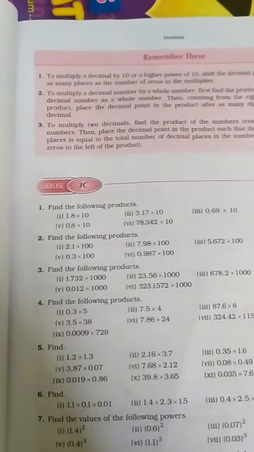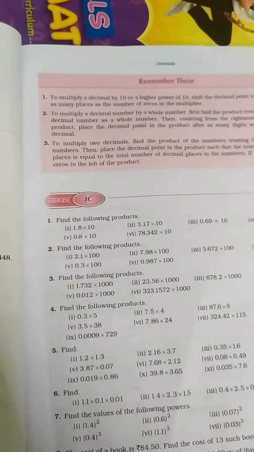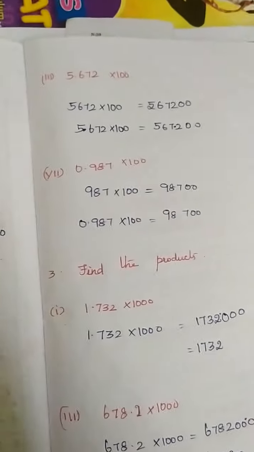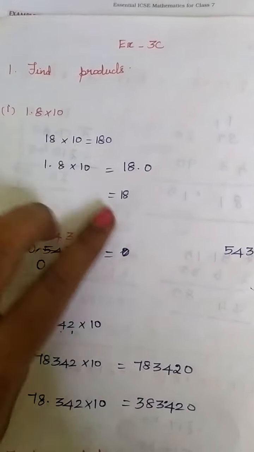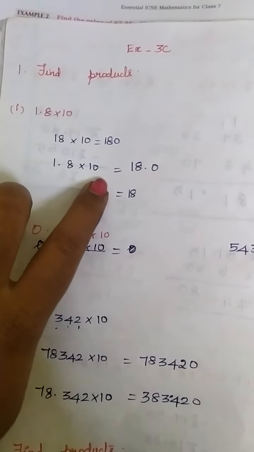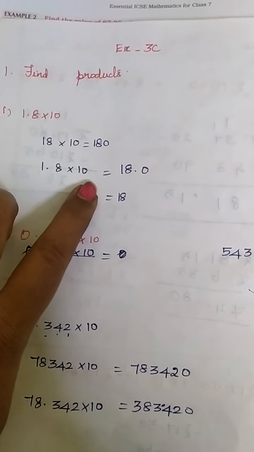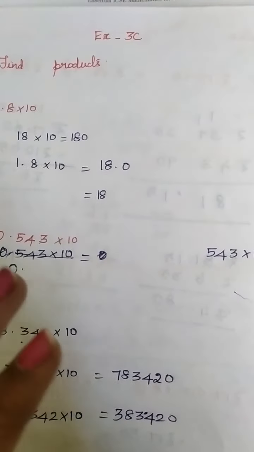We are going to solve exercise 3C problem number 1. Find the following products. 1.8 multiplied by 10. When you multiply by 10 without the decimal point, you can write the answer as 180.